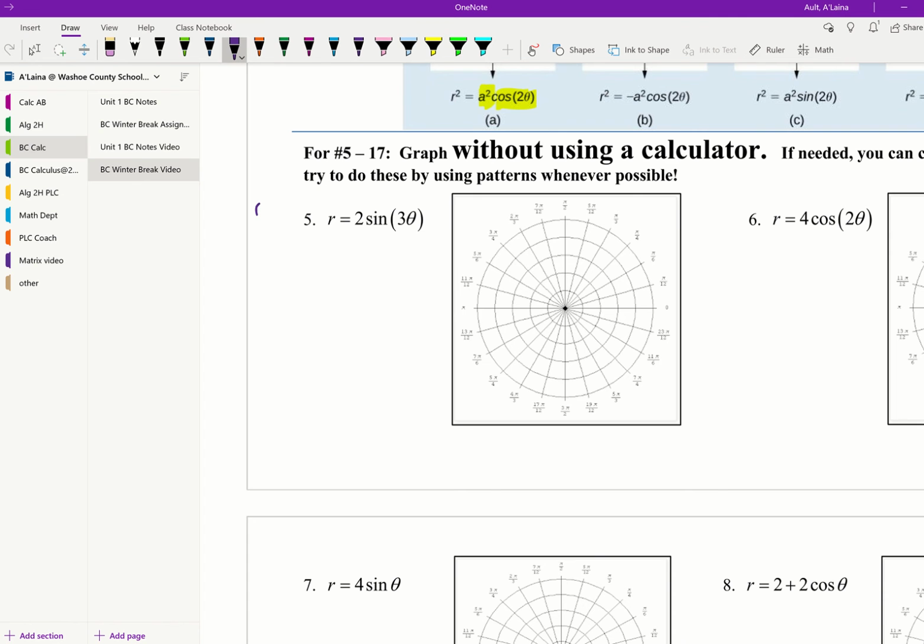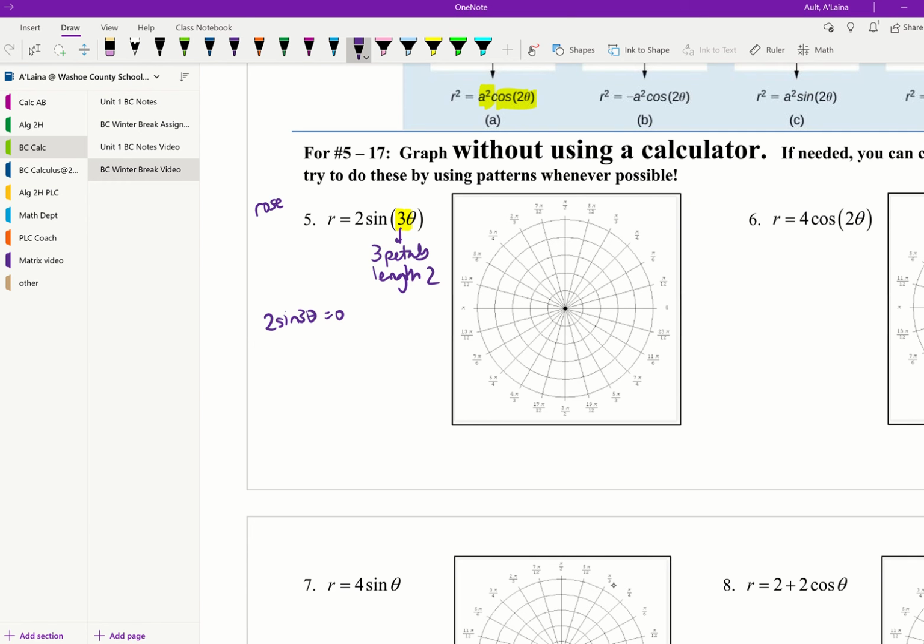This is a rose curve. I could identify this because I have the multiplier of theta, and I'm not adding or subtracting anything. It is not a cardioid. It is not a limaçon. It is a rose curve. And so I have an odd number, so there will be 3 petals of length 2. I'm going to create the boundary points by setting this equal to 0.